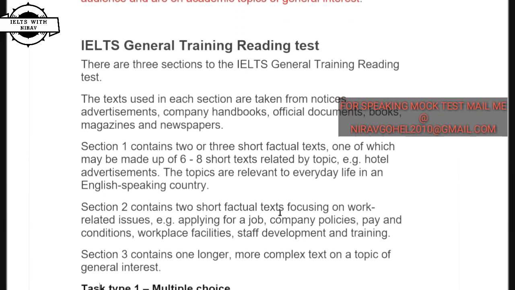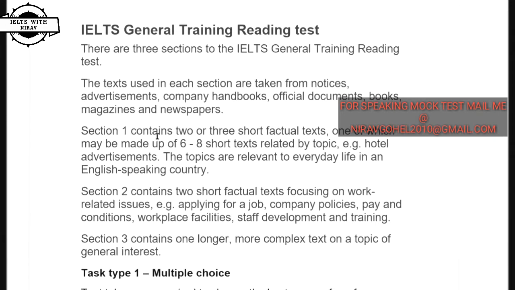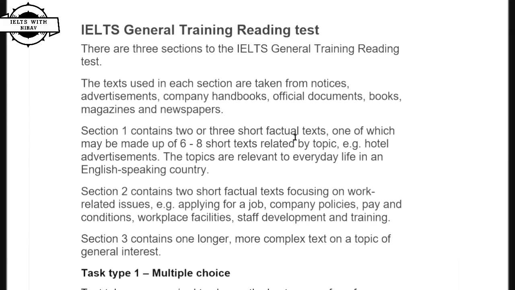In section 1 you will get 2 or 3 short factual texts, one of which may be made of 6 to 8 short texts related by topic, like hotel advertisements. Topics are relevant to everyday life in an English speaking country. Section 2 will consist of 2 short factual texts focusing on work related issues like applying for a job, company policy, pay and conditions.